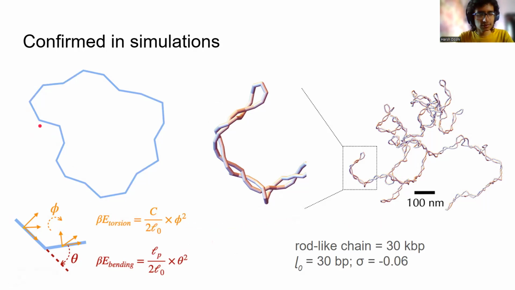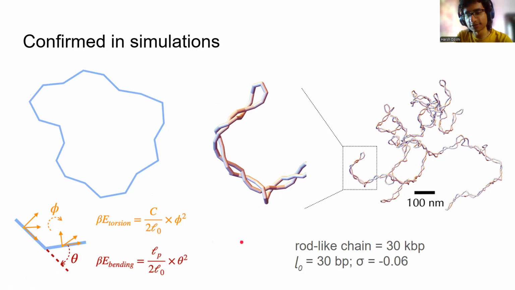Here they have chosen a simple model of a rod-like chain where they have taken a polymer, and each unit of the polymer is a rod which has a certain torsion angle, and also between consecutive rods they have defined a bending angle. Based on these two angles, they can calculate the energy of torsion and bending based on the torsion and bending rigidities defined for this polymer.